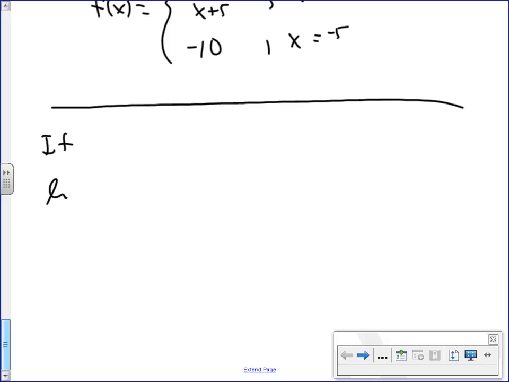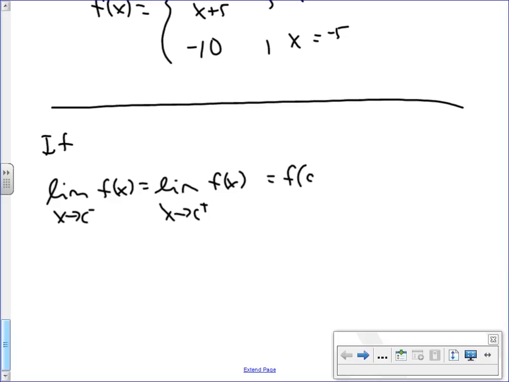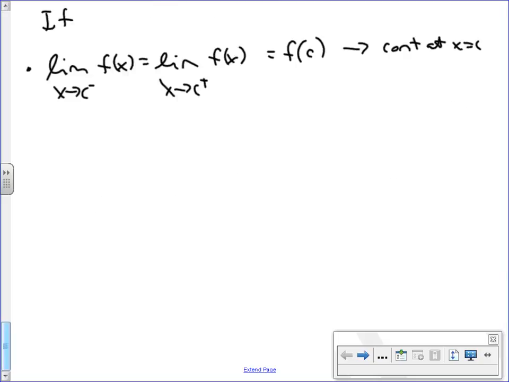If you get the limit as x approaches c from the left is equal to the limit as x approaches c from the right, and both of those values are equal to f of c, then you can tell me that it is continuous at x equals c. You have to have all of that information in order to justify continuity. If you get that the limit as x approaches c from the left is equal to the limit as x approaches c from the right, then the limit exists.